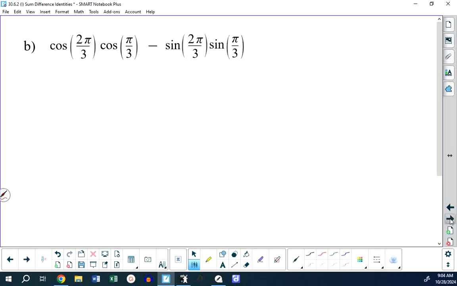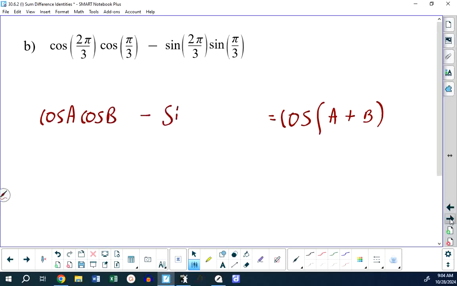All right, B. As soon as I see cos times cos and then a sine times sine, I know I'm dealing with a sum or difference identity for either cosine or sine. And the identity that we're going to be looking at here is cosine of A plus B is equal to cosine A cosine B minus sine A sine B. And all that means is that this is going to be equal to the cosine of 2 pi over 3 plus 1 pi over 3.